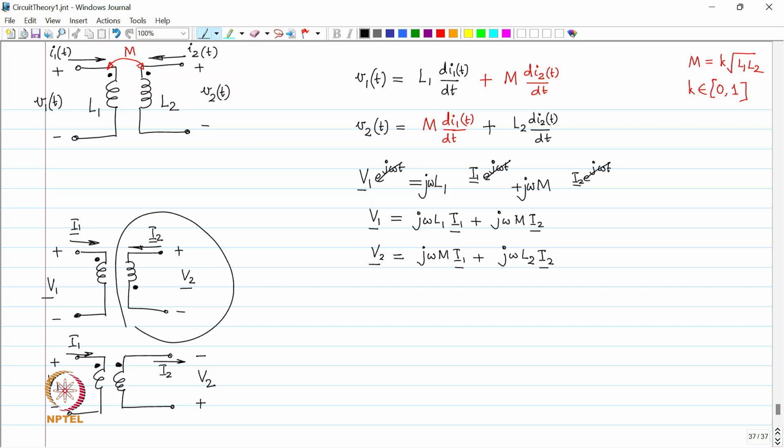That is what happens. Fine, flip it around and now you write the same equations as you had earlier, right.